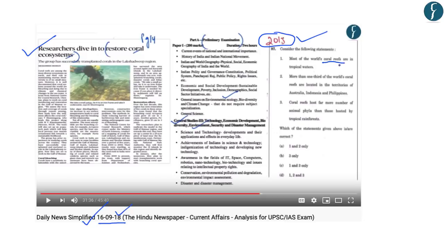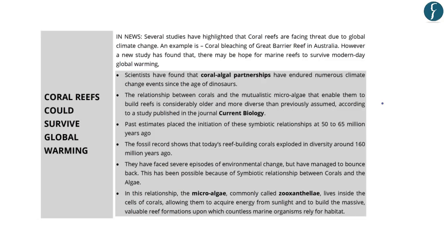And again, in the year 2019, in the mains examination, a question was asked related to coral reefs. So this highlights that even questions that are asked in the preliminary examination can provide a cue for the mains examination.